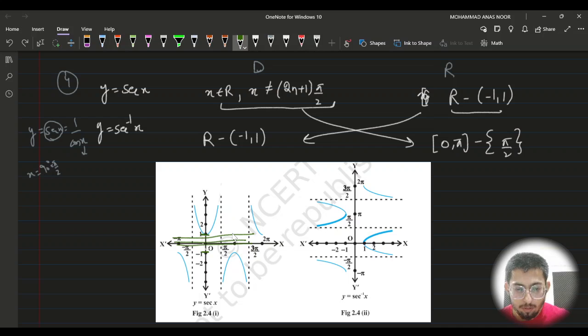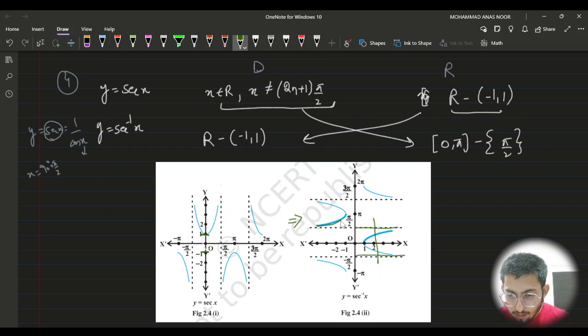Now if you want to find its inverse, first you will have to restrict it. First we found the inverse without restriction, and then we test it with the vertical line test.